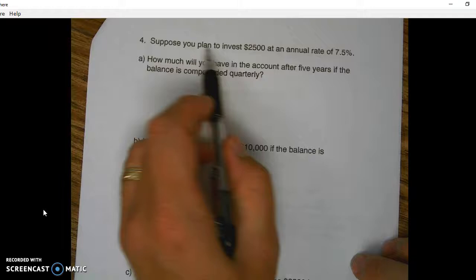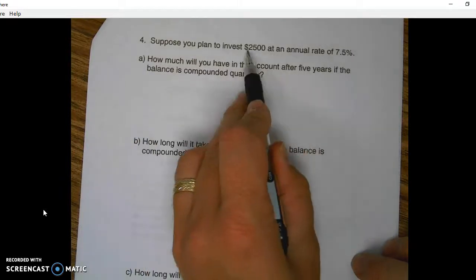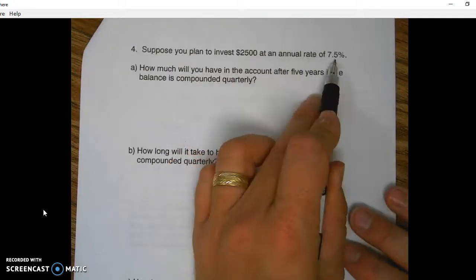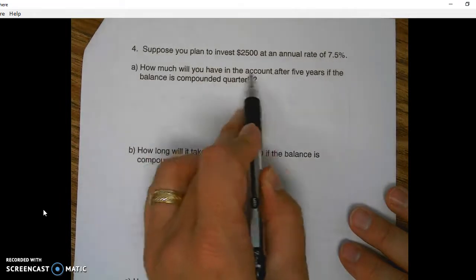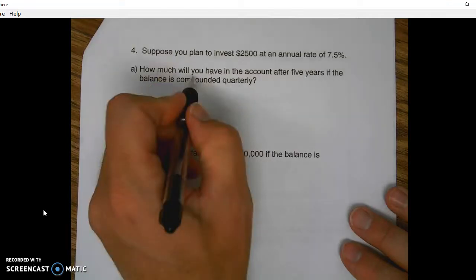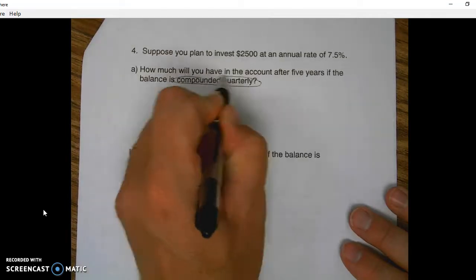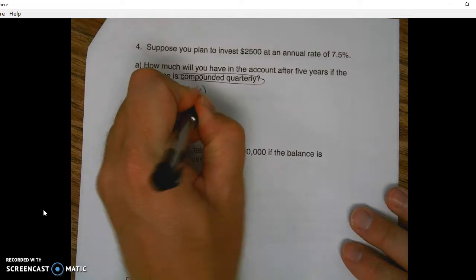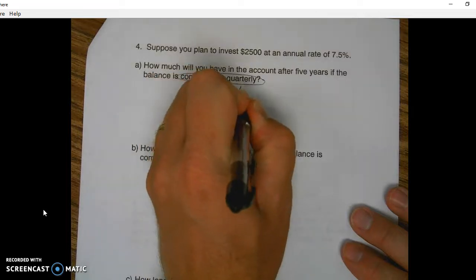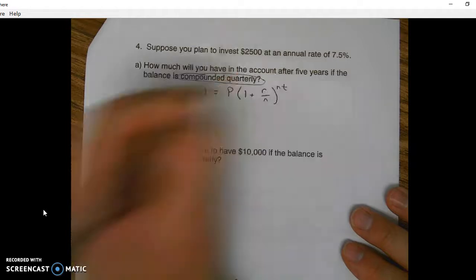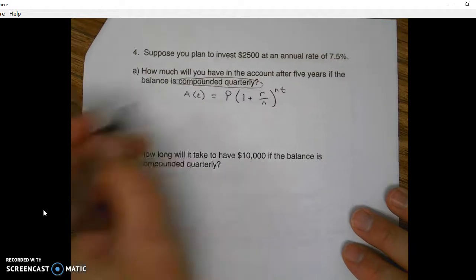Suppose you plan to invest $2,500 at an annual rate of 7.5%. How much will you have in the account after 5 years if the balance is compounded quarterly? So there you have it. Get our formula going here. Plug in our numbers.